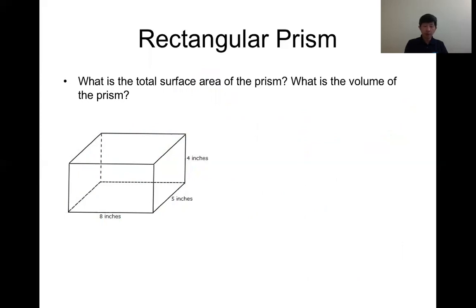For volume, basically we have to fill in all of this, right? Now when we fill this in, you can think about the bottom here. This is 8 inch and 5 inch, right? Now we're looking for what the volume is.